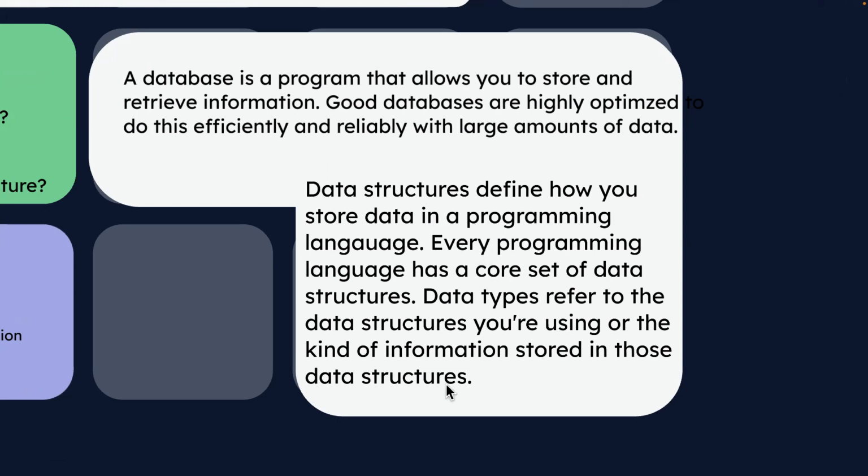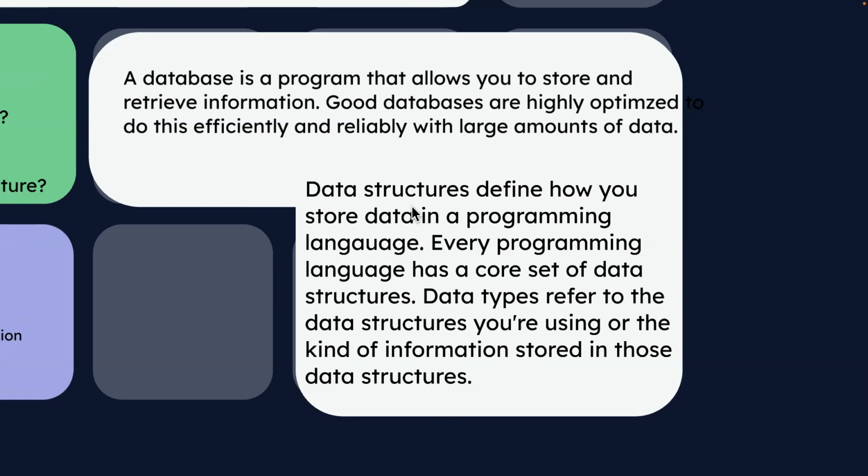So data types can be like arrays, objects, strings. A data structure is how that information is stored inside the database, right? The structure of your database, the way that it's organized with those different bits of information, is something we need to know, because there's more than one way.